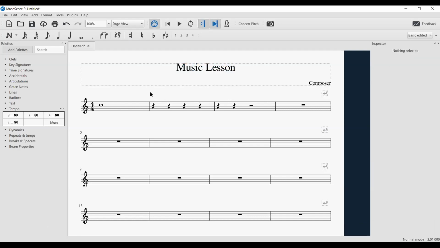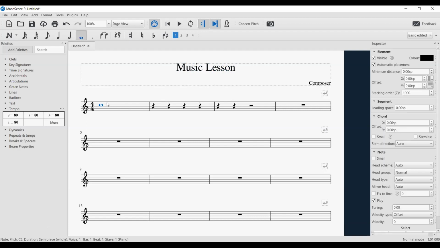Okay. So we have that, that is a whole note. That's a whole note, and it takes 4 beats.